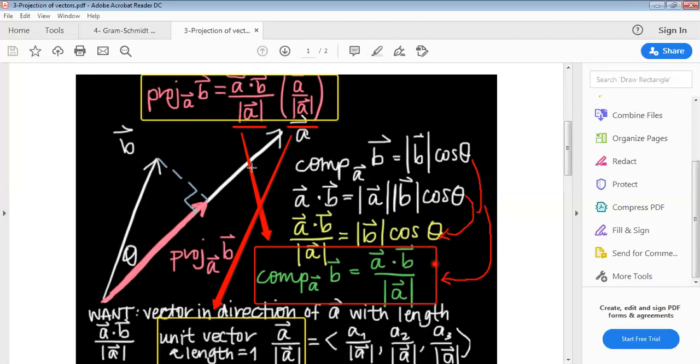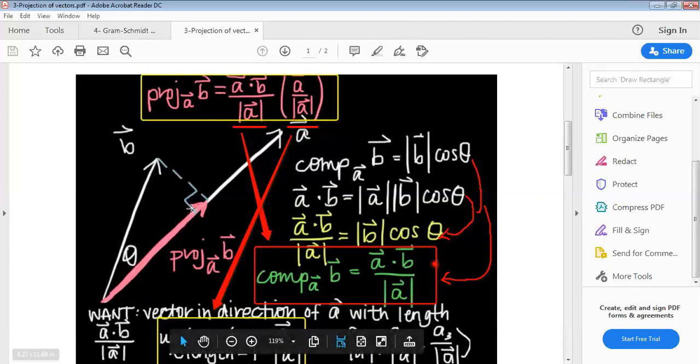I want to find out how much distance I covered in the direction of a bar. That means this is our vector b bar. So this pink arrow is nothing but our distance. So that is nothing but component of b bar with respect to a bar.